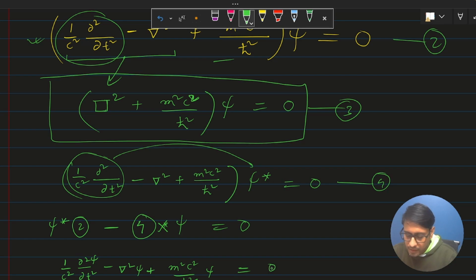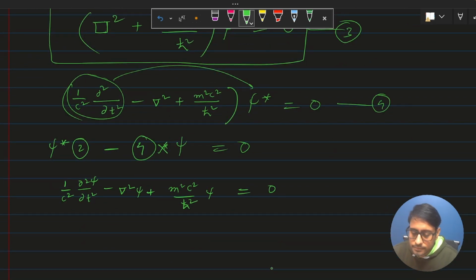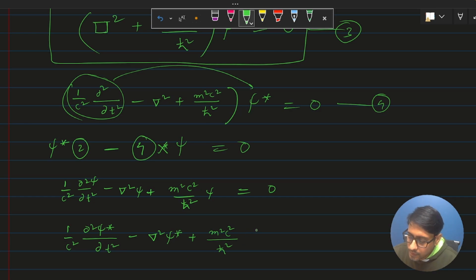And then 1 over c square del 2 psi asterisk over del t square minus del square psi conjugate plus m square c square over h bar square psi asterisk, equals 0.